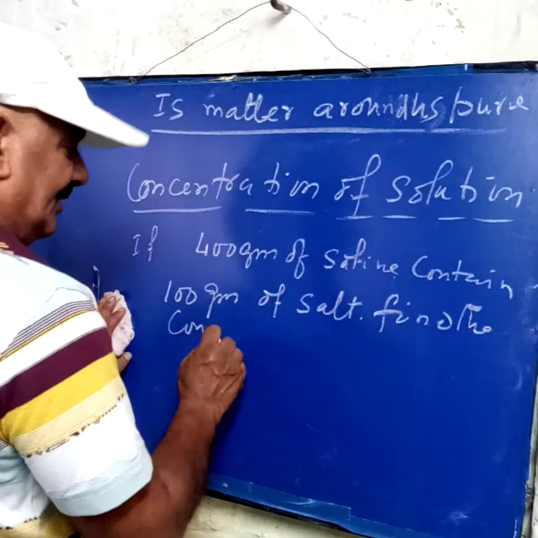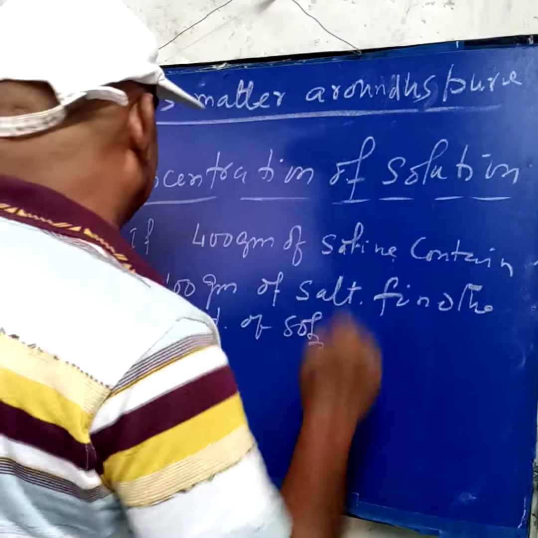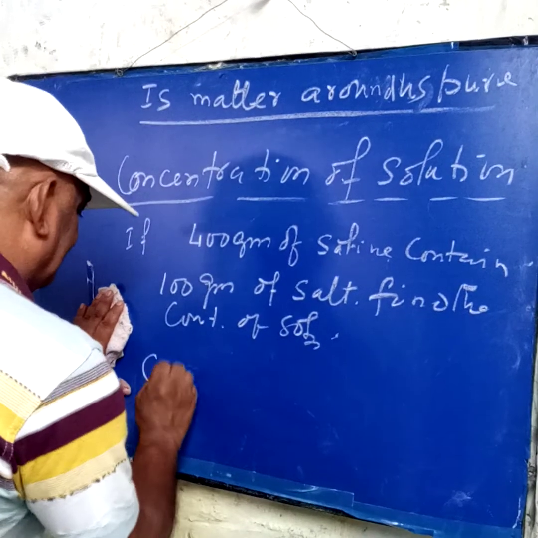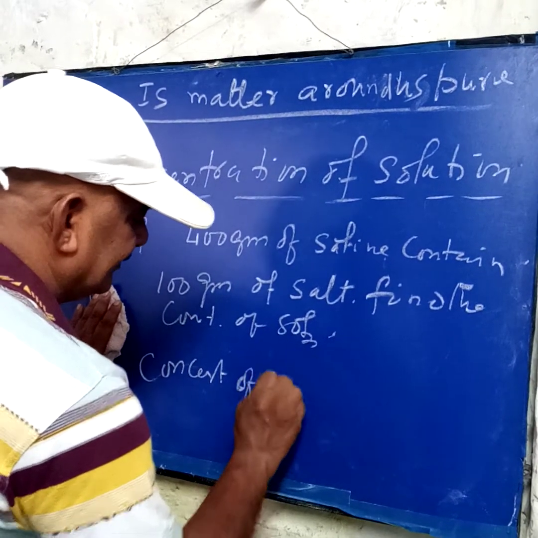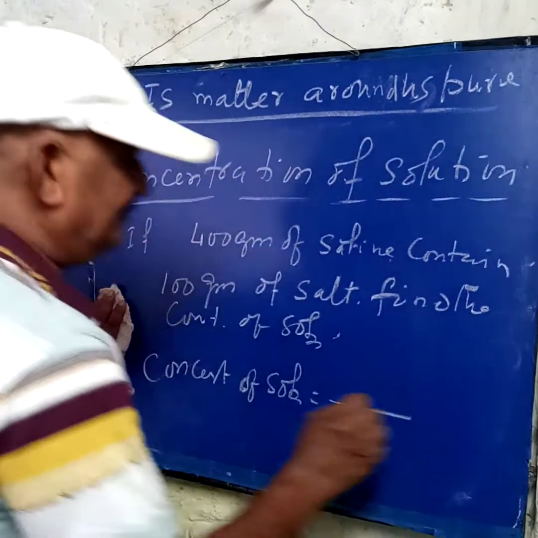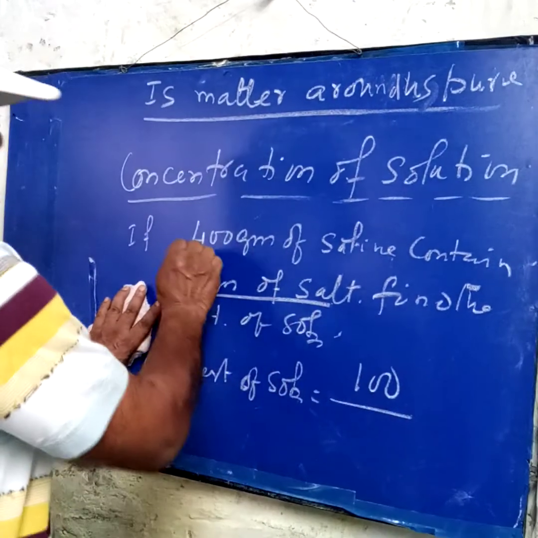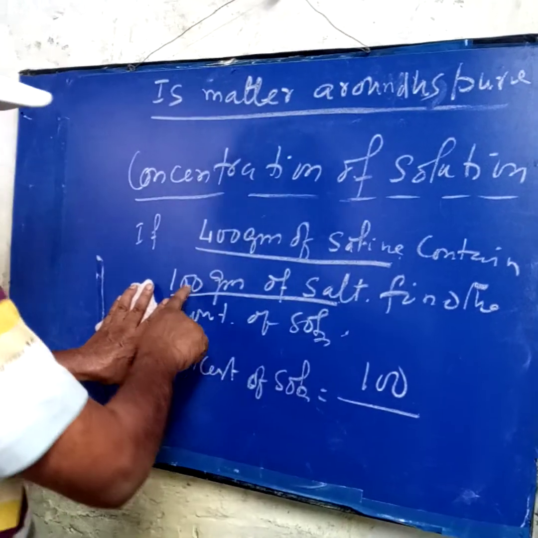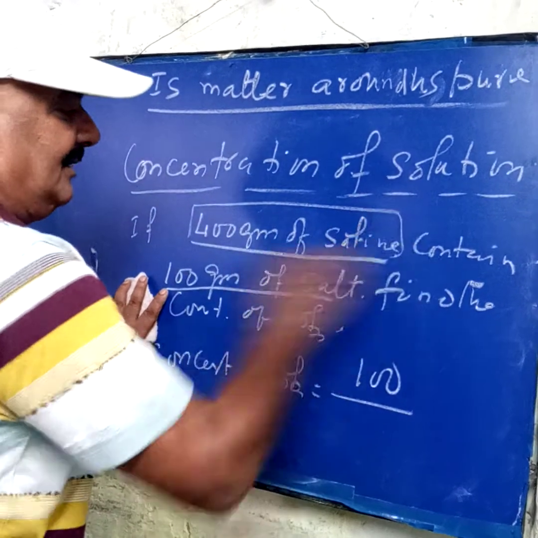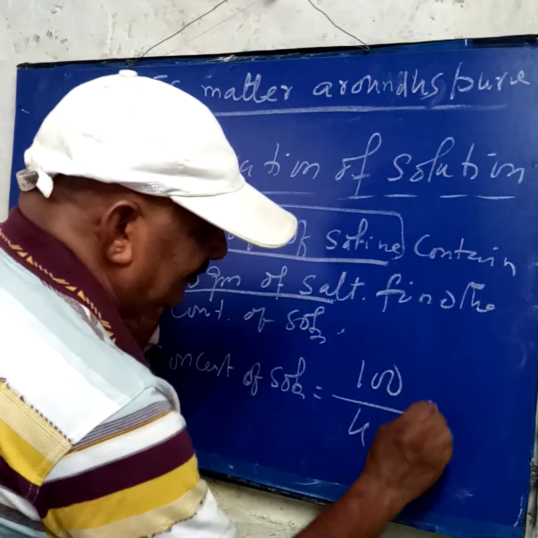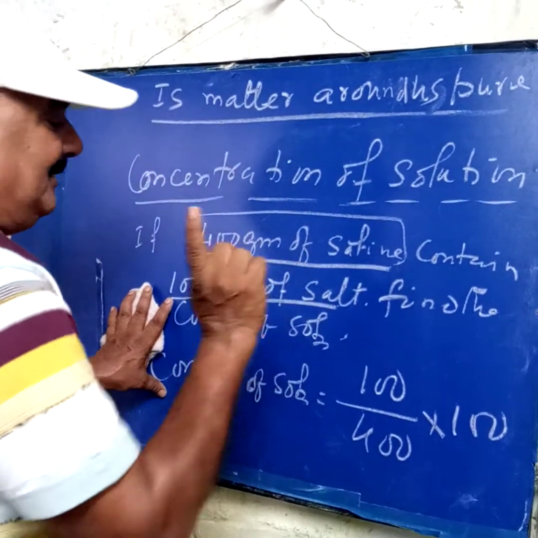Remember what is given here. Concentration of solution is equal to mass of solute. 100 gram of salt is given, and 400 gram of solution is given. That's why here remember we will not add, because the solution is already given, 400 gram, by 400 into 100. Here the solution is given, not solute and solvent.